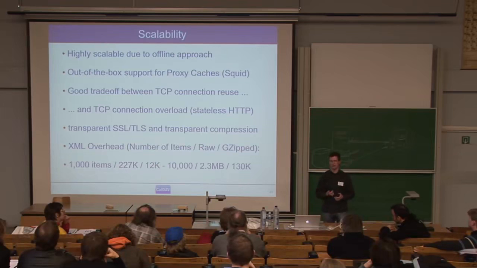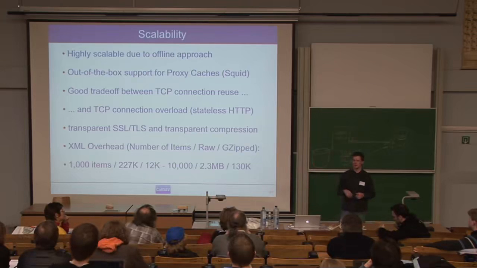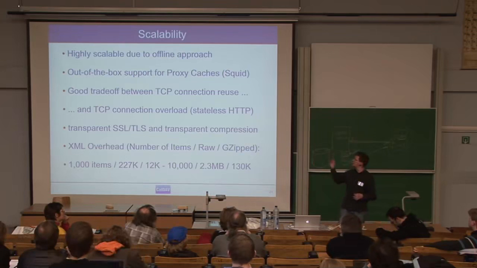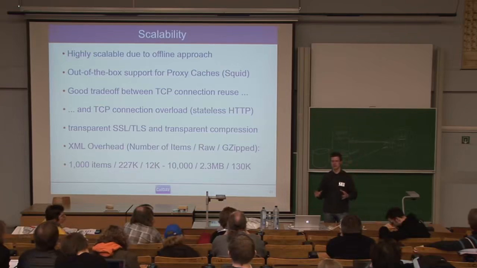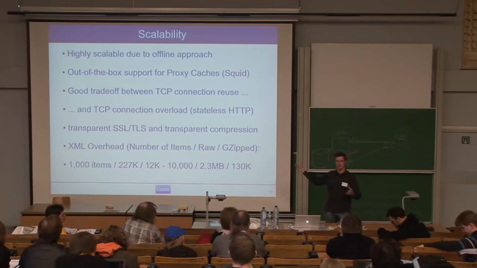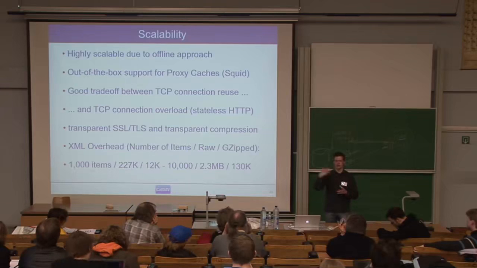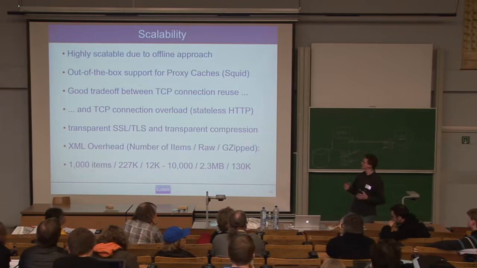You have all the features of HTTP which are used to make websites scale. And actually the events which are transferred by CalDAV, the files, are much smaller than an HTML page. So you can use caches like Squid if you have a really large system to reduce the load on the application servers. And use ETags with that, because if the cache has the ETag, it knows whether it needs to retrieve the file from the backend server. So there are a lot of features which make that very scalable.